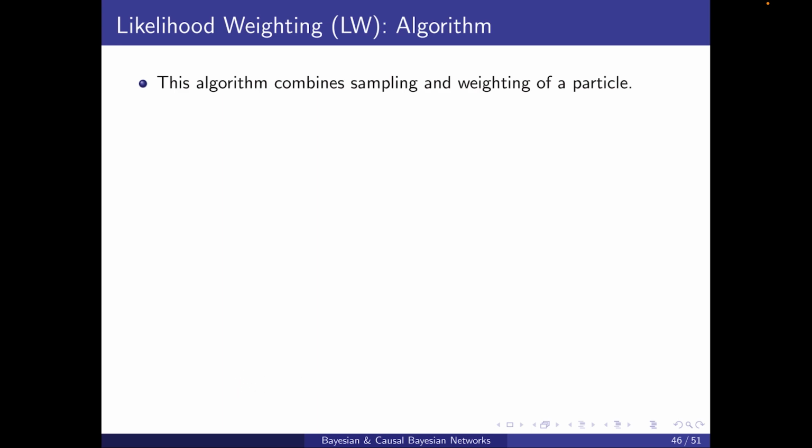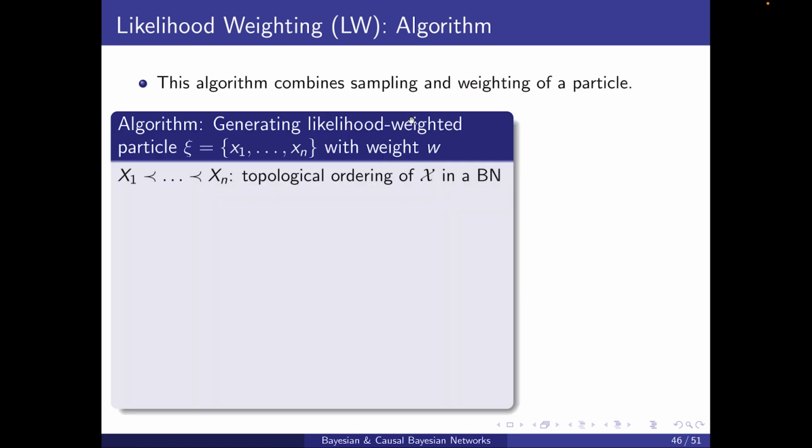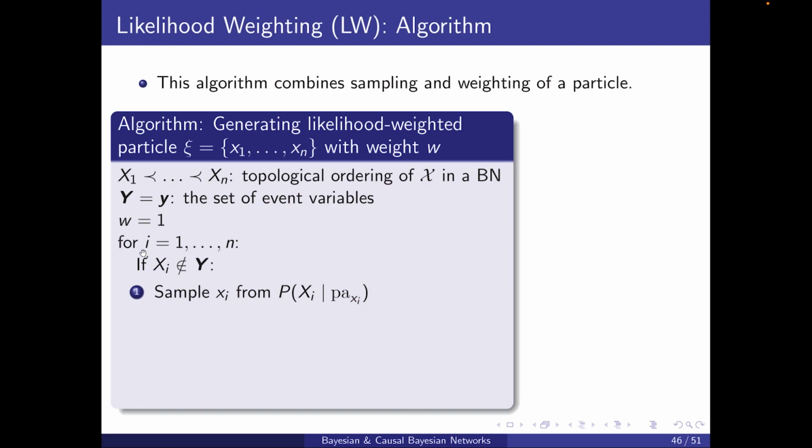So to write the algorithm that we just explained in the example, we have a topological ordering of X in a Bayesian network of the variables, and Y is the set of event variables. We set W equal to 1. We start from there, and for each node i, we do the following.